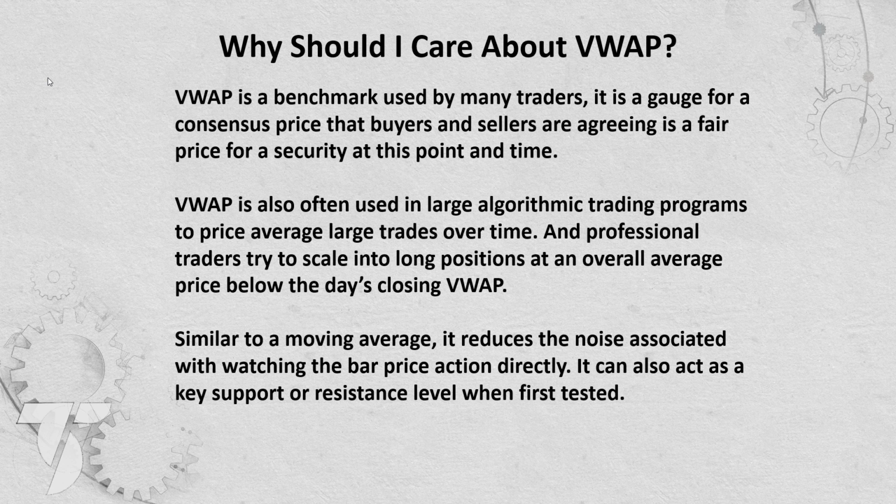And one of the ways that I'm looking at VWAP in this presentation is that at the end of each day, whatever the market settled at as a fair VWAP value, I carry that value into the next day as a support or resistance level. And that's the set of tools that I'm going to show you today, the support resistance aspect of using VWAP.